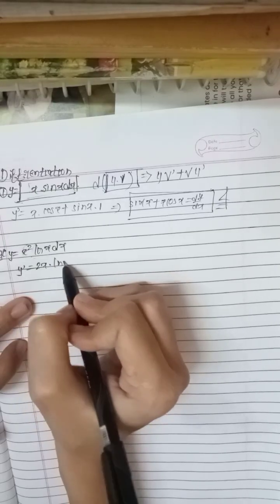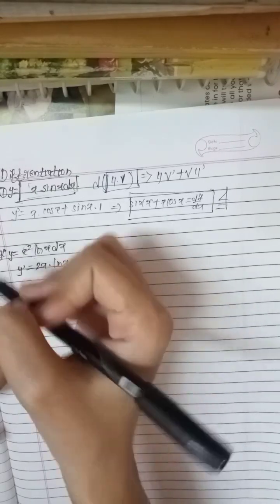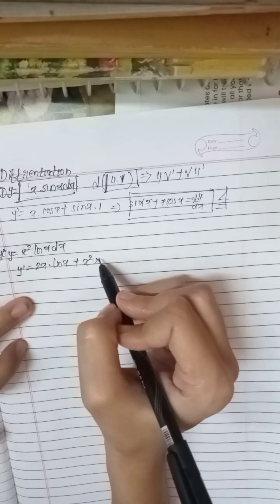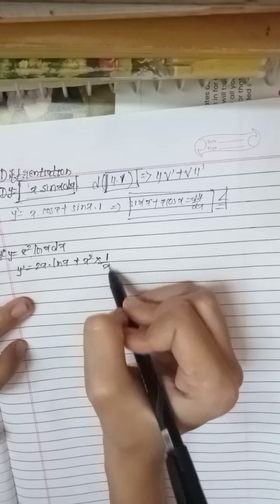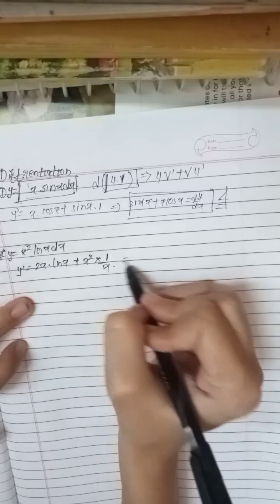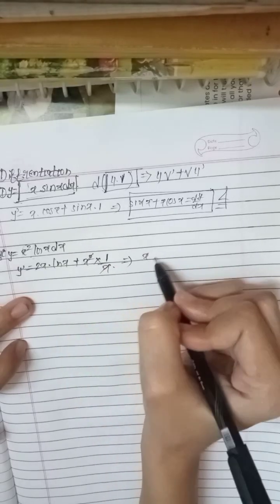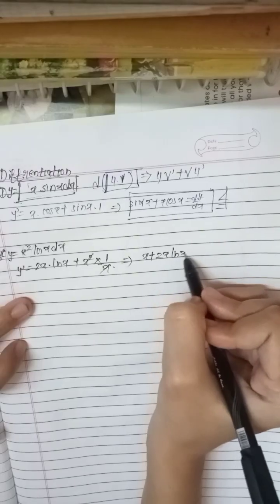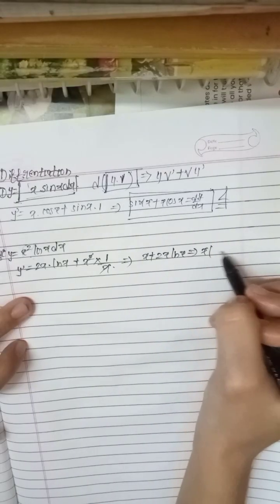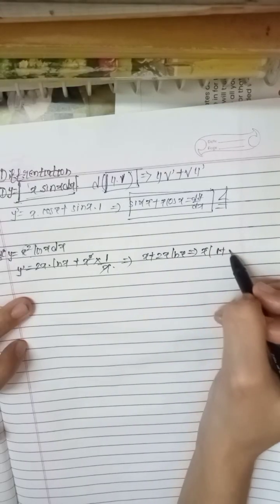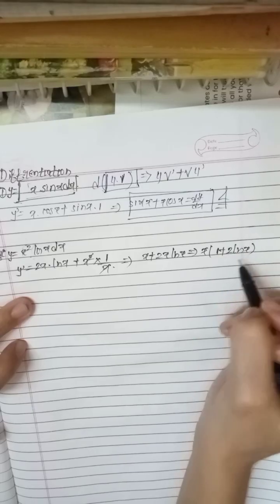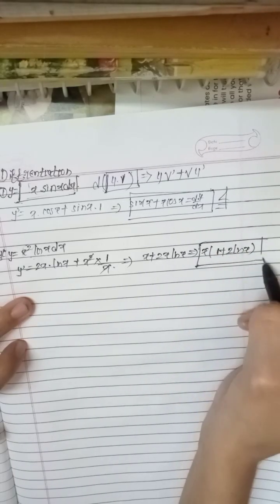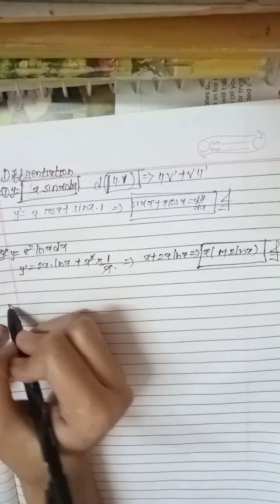So 2x ln x plus the first one is the same and the differentiation of ln x, I hope you know, is 1/x, that is equal to x plus 2x ln x. x we will take common, so x(1 plus 2 ln x). This is the final answer or final differentiation of this function.